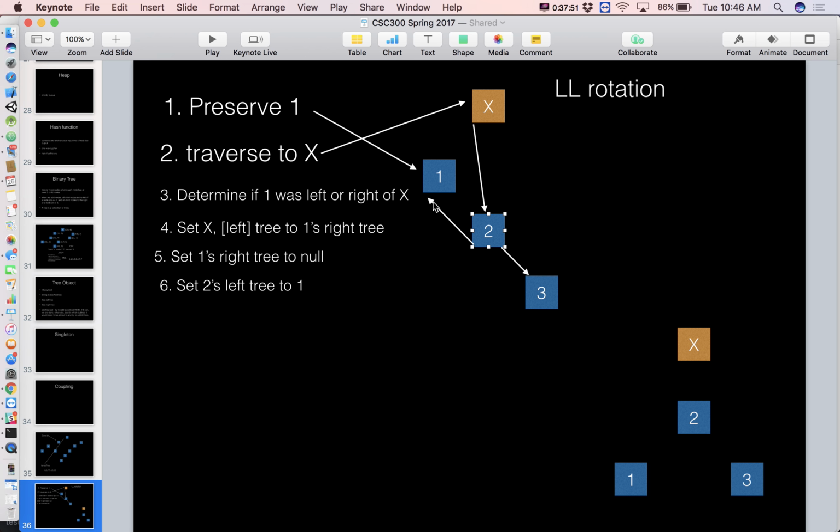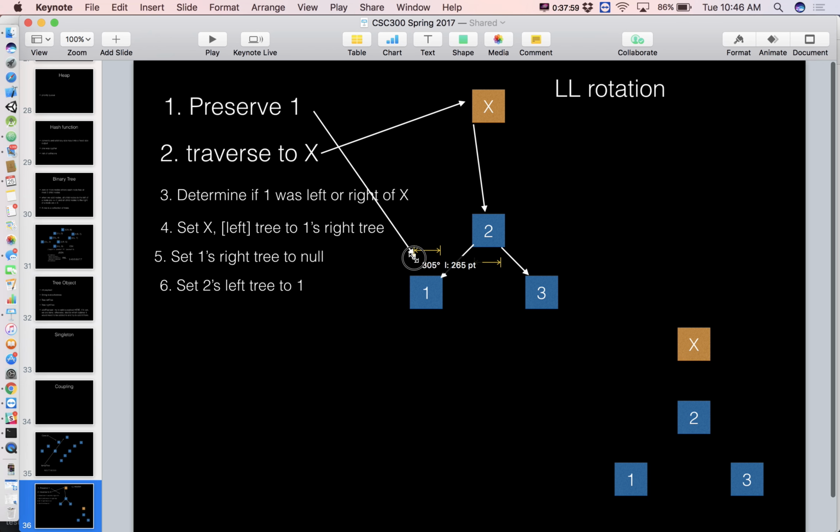So if we wanted to let gravity take effect, the 2 kind of drops, the 1 drops down there. Have we accomplished the left rotation?